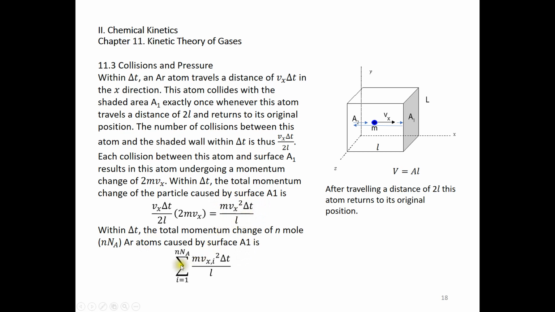It's going to be the sum of mv squared delta t over L. This i is the index for the atoms in the gas phase, or the particles in the gas phase. i is from 1 to n times Avogadro constant. So again, this is just the total momentum change of all gas particles caused by the collisions between the particles and this A1 area, the shaded area.